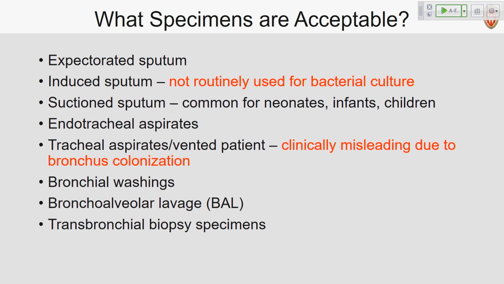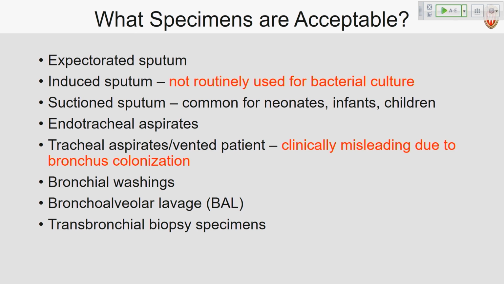Moving into specimen acceptability and what specimens we're looking for. So there is expectorated sputum, induced sputum, and highlighting in here, induced sputum is generally not routinely used for bacterial culture. Suction sputum, endotracheal aspirates, tracheal aspirates from vented patients.